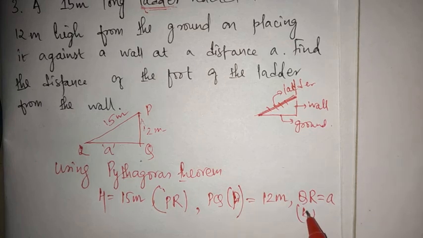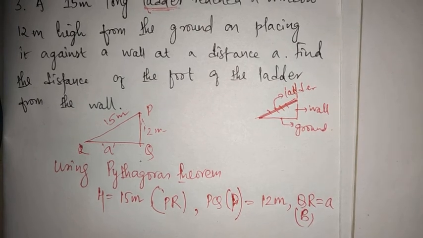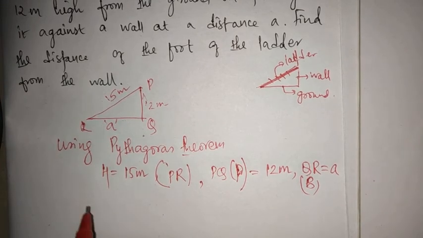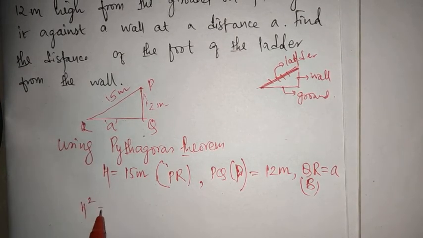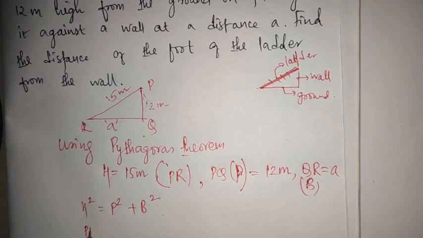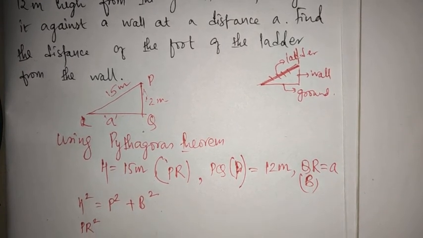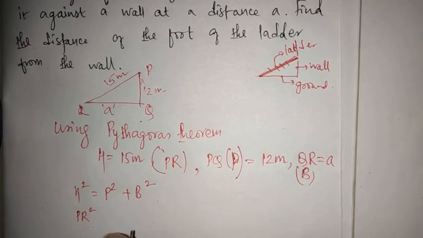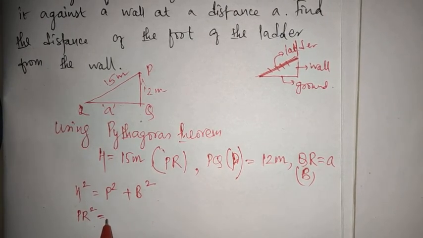Now what is the Pythagoras theorem? H square is equal to P square plus B square. What is H? PR square. Now what is P?